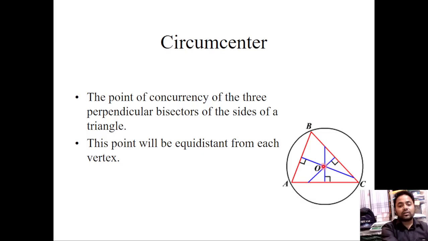This is called the circumcenter of this triangle, denoted by O. And one more interesting thing: if we take this point O as a center and place the compass on a vertex, like B, A or C, anywhere, and rotate it, it will form a circle passing through the vertices A, B and C.